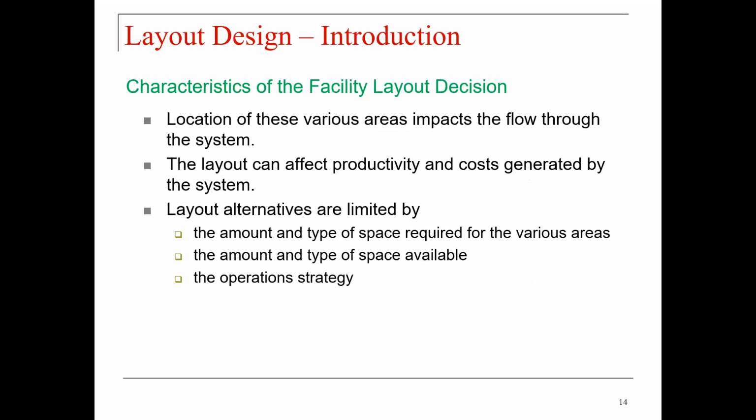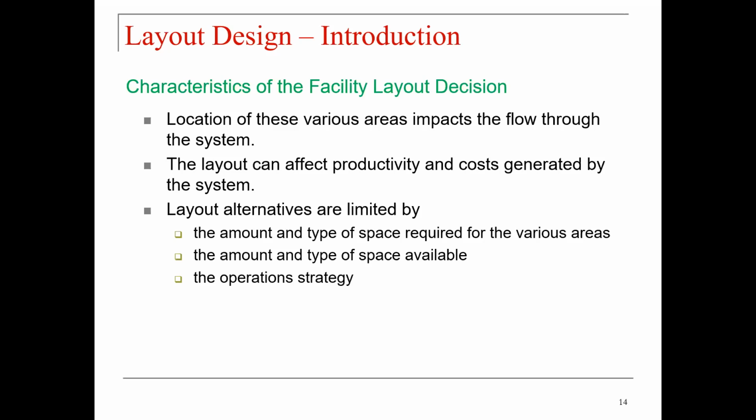So what are some of the characteristics of the facility layout decision? First, the location of these various areas impacts the flow through the system. So things like if you are designing a facility and you have only 2 docks available, planning the location of certain areas of the facility is going to be constrained based on the interaction that you have with those 2 docks for shipping, for example.